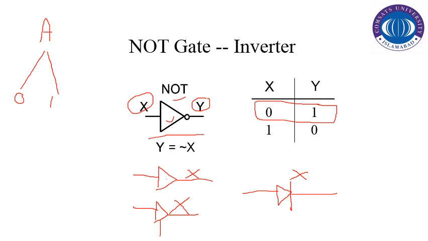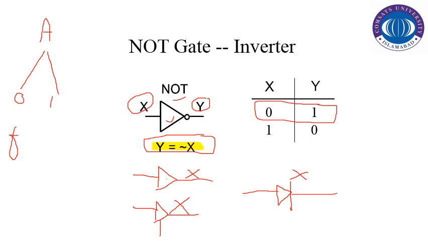What is this thing? Let me highlight that. This is basically the Boolean function that is describing the behavior of that digital component. That is saying that Y is the output. So normally the Boolean functions can be represented in that particular format. We've got a function.